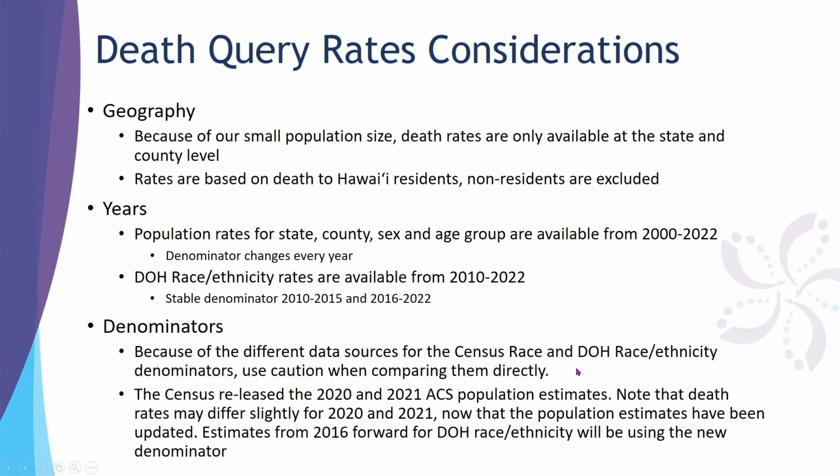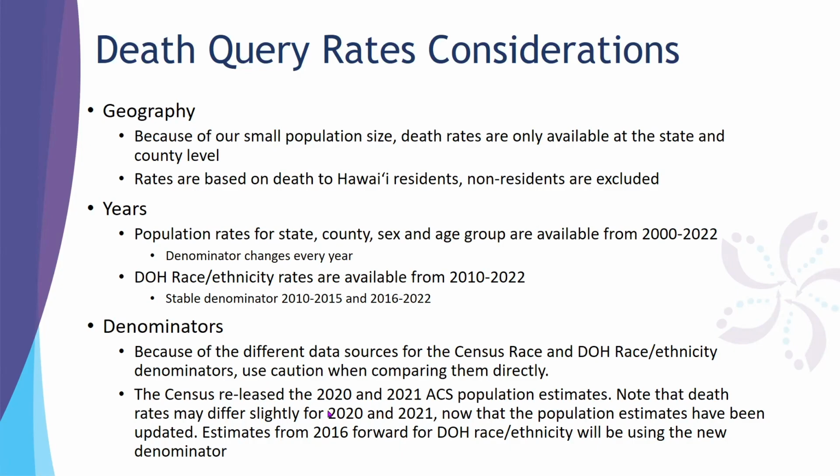Because of the different data sources of the census race and the DOH race ethnicity denominators, you want to use a little bit of caution when comparing the population rates to the DOH race ethnicity directly, but they're pretty comparable. Also, I want to let you know that the census re-released the 2020 and 2021 American Community Survey population estimates, which we have loaded into the system.